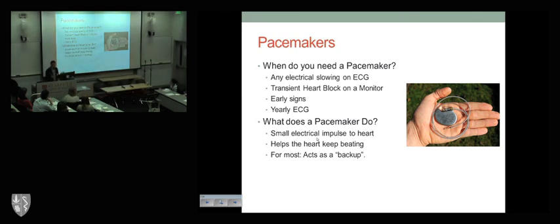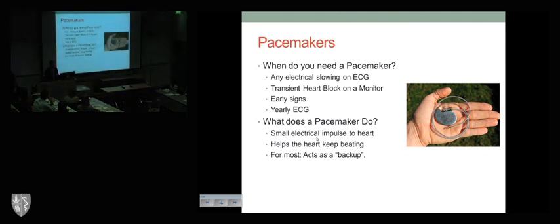For most people, the pacemaker just sits there, and it's always looking to see if your heart slows down too much. So you may only have very subtle abnormalities in your electrocardiogram. We may place a pacemaker, and it may just sit there as a backup for years. But eventually, when it looks and doesn't find that you're having your own heartbeat, it will start delivering these small electrical impulses to help your heart start beating again.